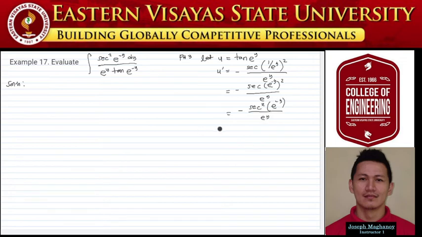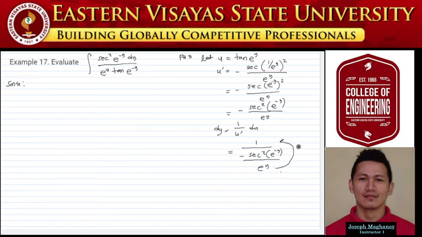So for your dy, that's the reciprocal of your du. So that is 1 all over negative secant squared e raised to negative y all over e raised to y. So double denominator, we can put this up.